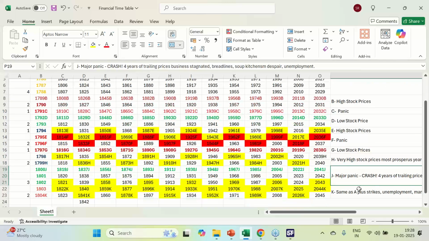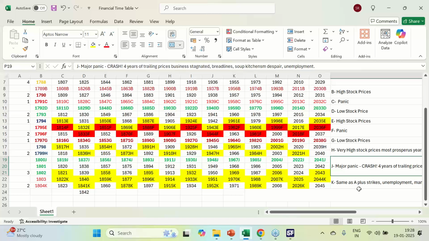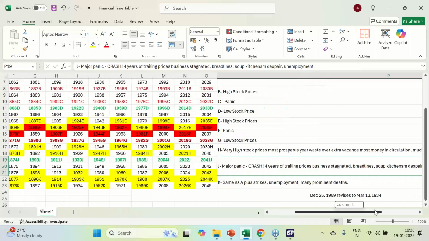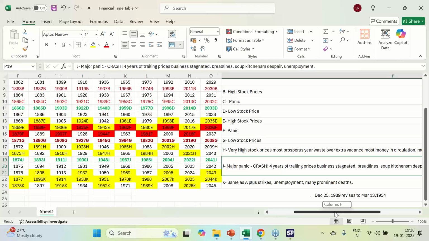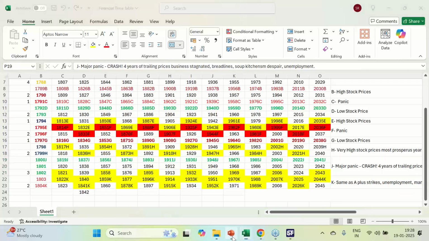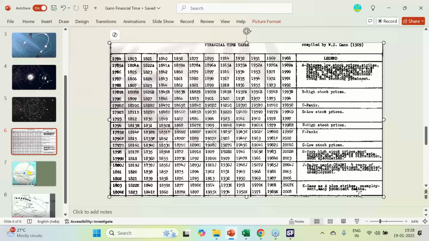then major panic or crash, J. K is the same as A, plus it will have issues like unemployment, strikes and some prominent deaths. This is what Gann's writing is. These are not 100% true, but on the pricing part I found a correlation of 70 to 80%.